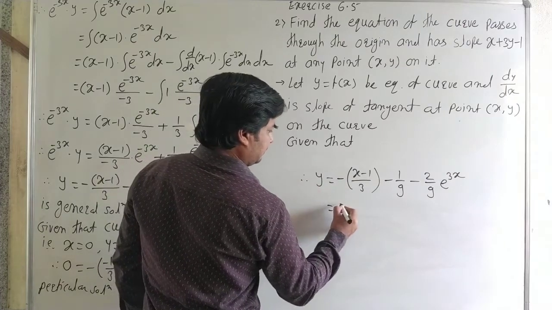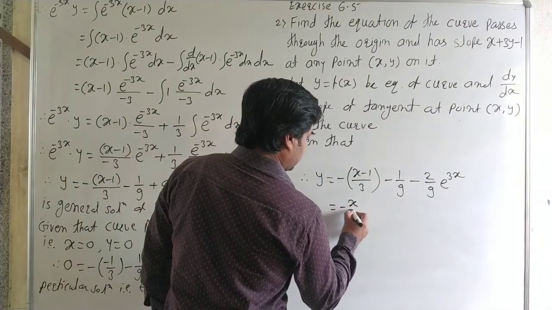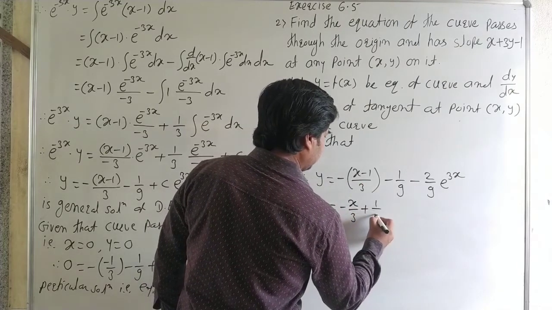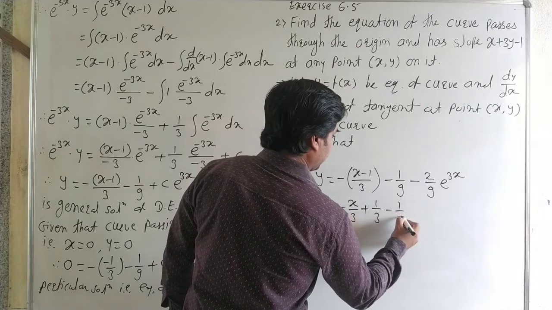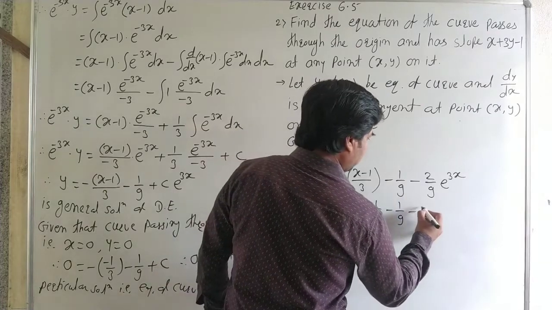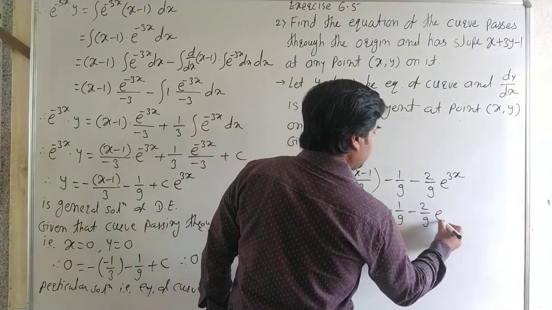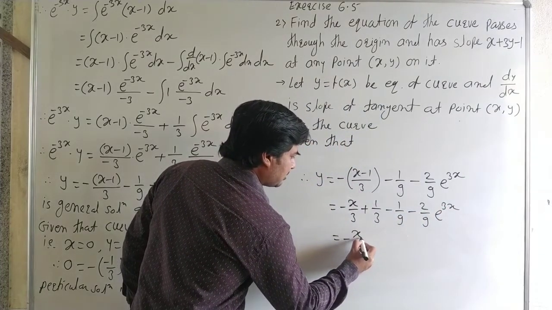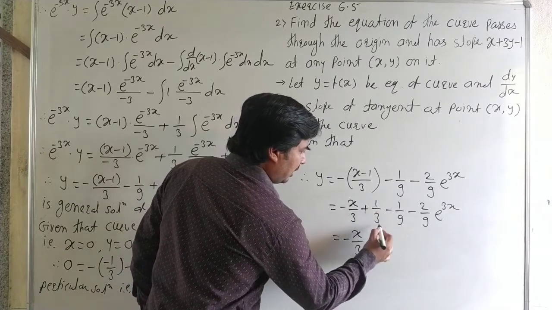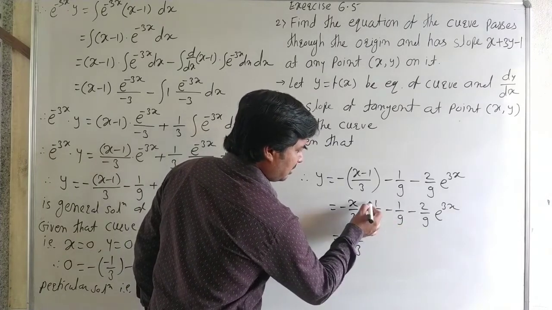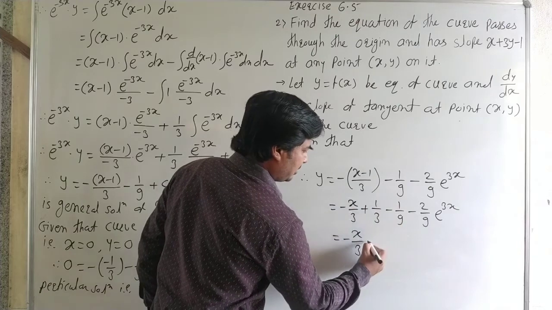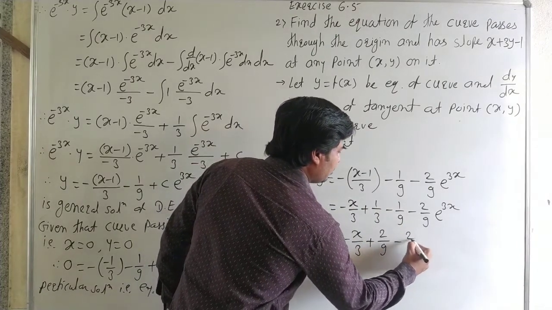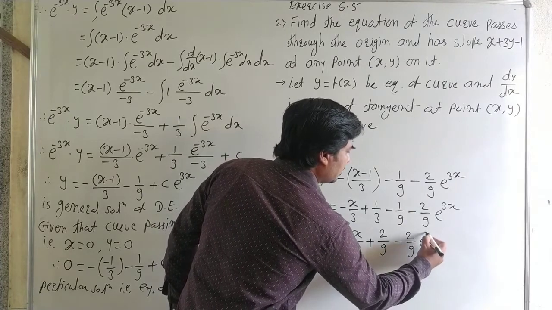Now we simplify this. Minus x by 3, here it is plus 1 by 3 minus 1 by 9, then it is minus 2 by 9 e raised to 3x. Now here it is minus x by 3, plus 1 by 3 minus 1 by 9, it is 9 minus 3, 6 by 27, that means plus 2 by 9 minus 2 by 9 e raised to 3x.